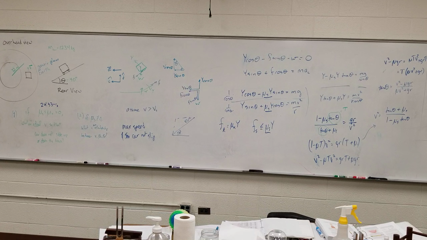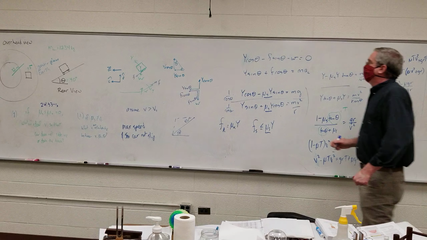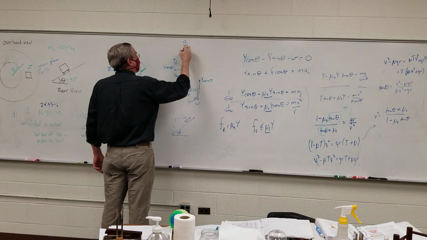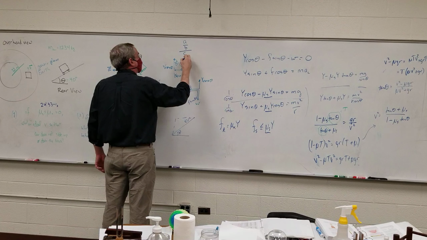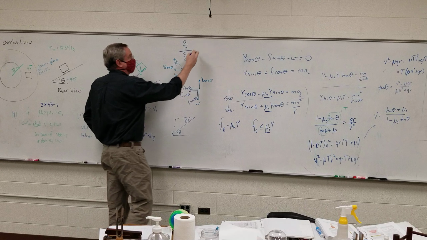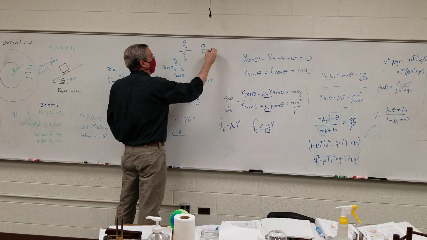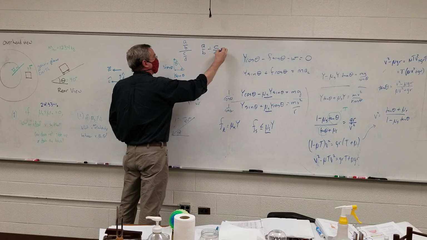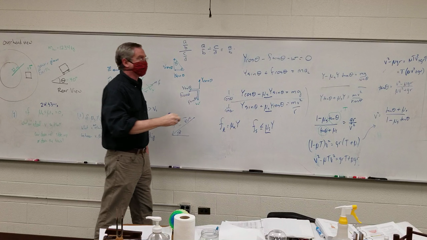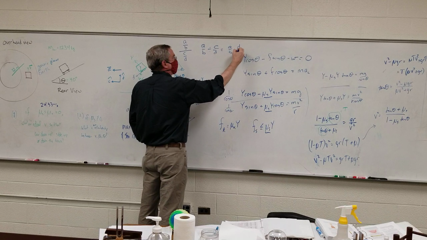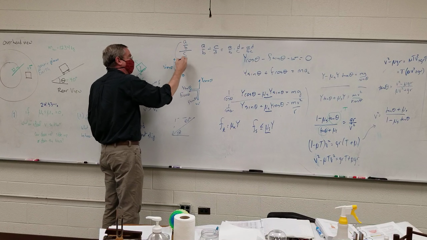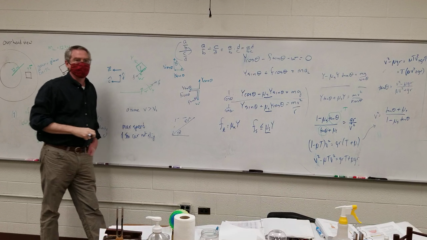You put 4 up top with 1 and then 3 goes with 2. So fraction bar is just division. This is a over b divided by c over d, which is a over b divided by a fraction, the same as multiplying by the reciprocal, times d over c, and so you get ad over bc. So it's basically outer divided by inner. Okay, alright.